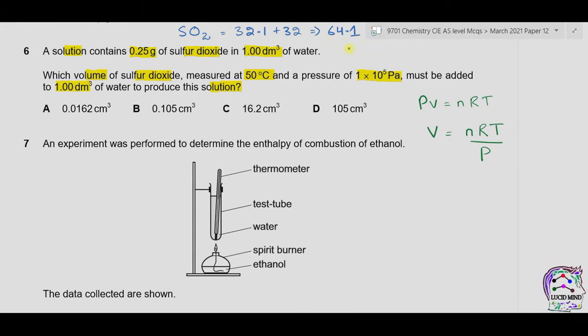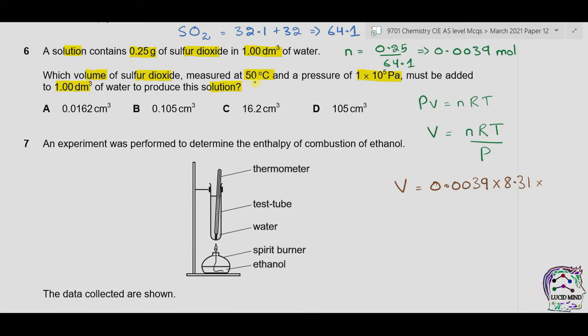Now we can find the number of moles. Moles is equal to mass in grams, which is 0.25, divided by molecular mass, which is 64.1. So it comes equal to 0.0039 moles. Now putting values in the volume equation, we have volume in meter cube equal to number of moles, 0.0039 moles, times ideal gas constant, 8.31, times temperature in Kelvin.